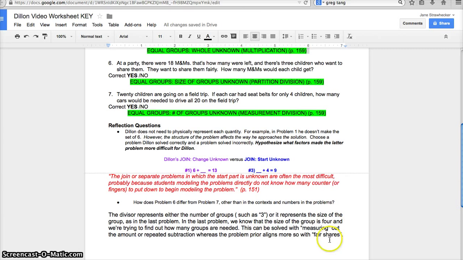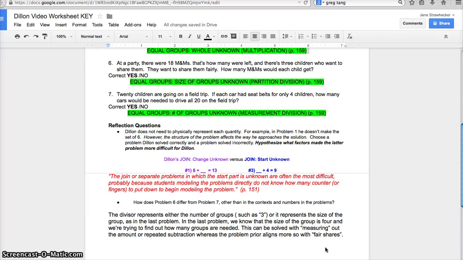And last but not least, some of you with the Greg Tang's Break Apart site, you got to experience division in a different way if you chose the quotative game, when we were looking at how many groups of is the language that could be used.